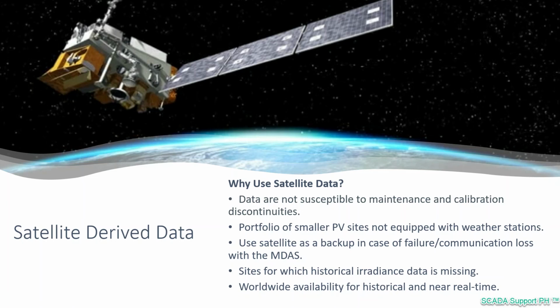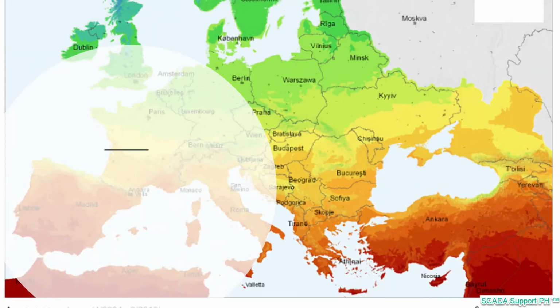The best results, however, are obtained by monitoring for a minimum of 12 months to better capture seasonal variations. Here is a list of reliable satellite data providers that you could choose from.